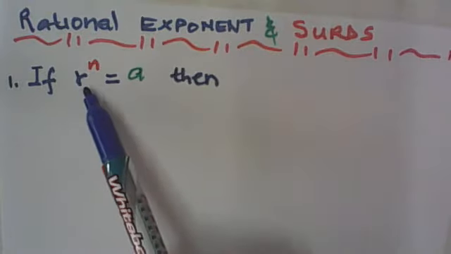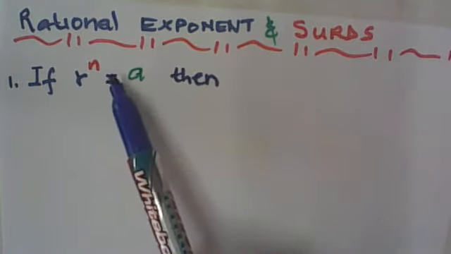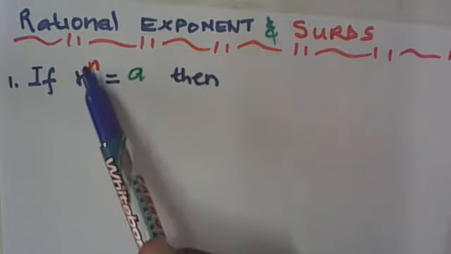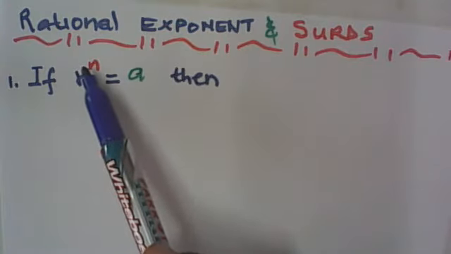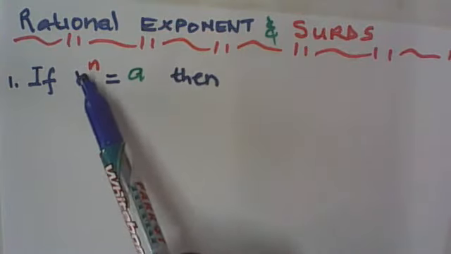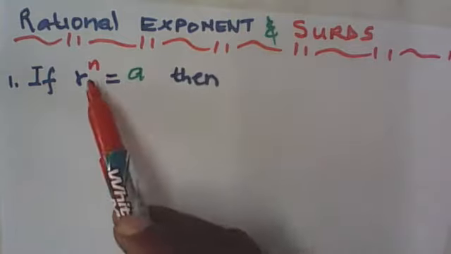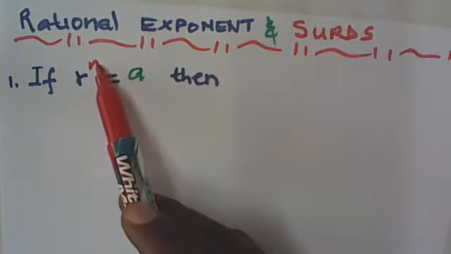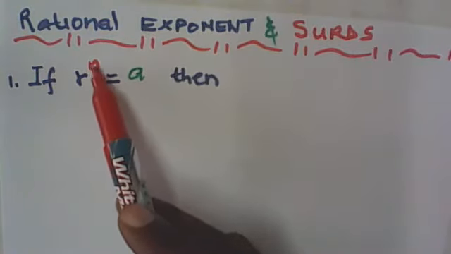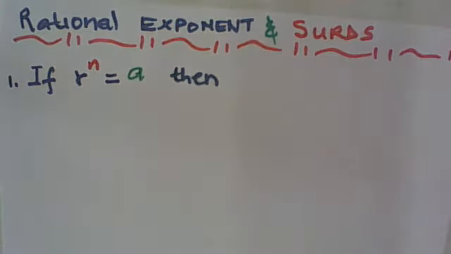In order to make r the subject of the formula, we must get rid of this n. How? By multiplying. In order for here to be 1, we have to multiply by the reciprocal of n, and the reciprocal of n is 1 over n. So we have to do that both sides.